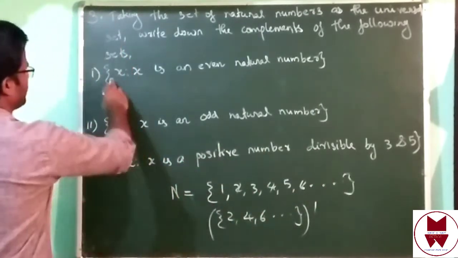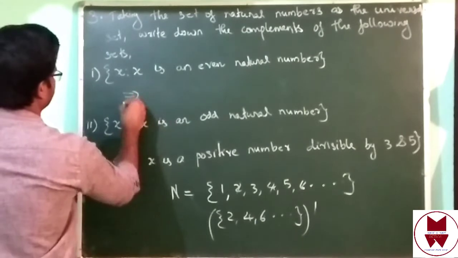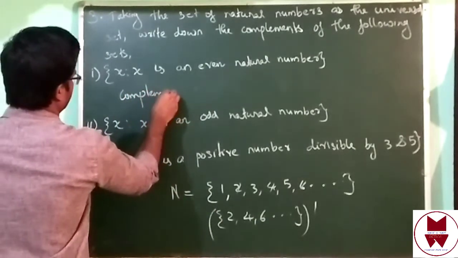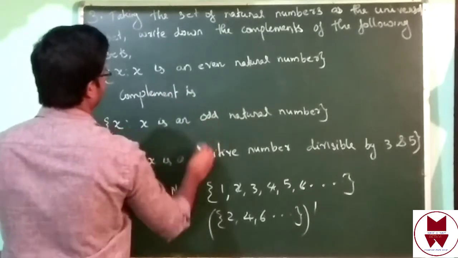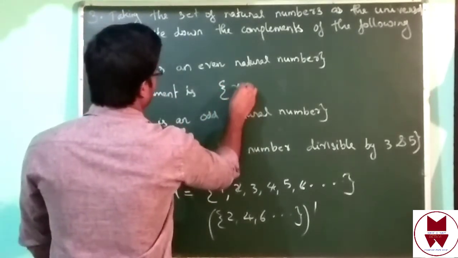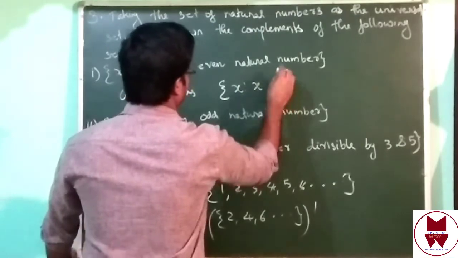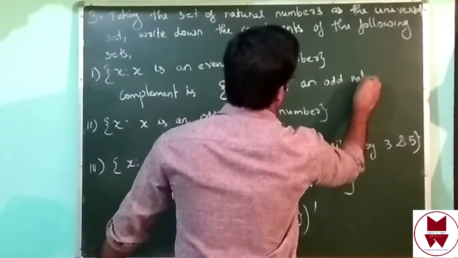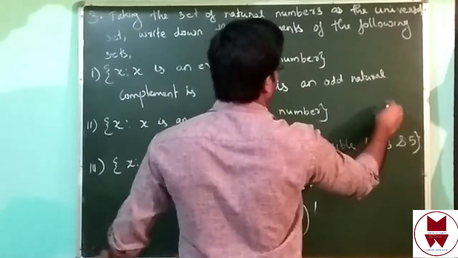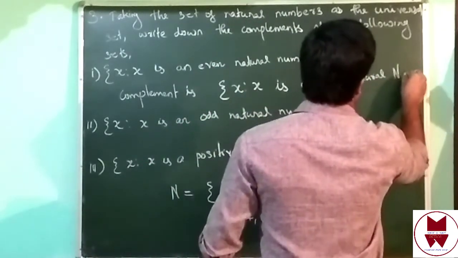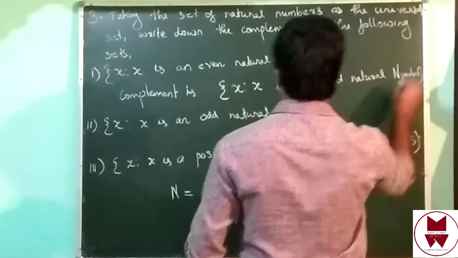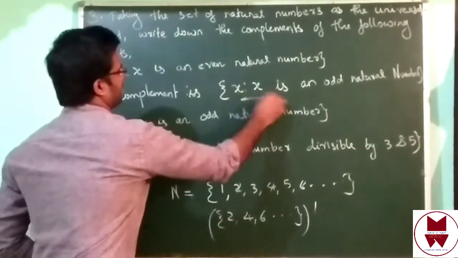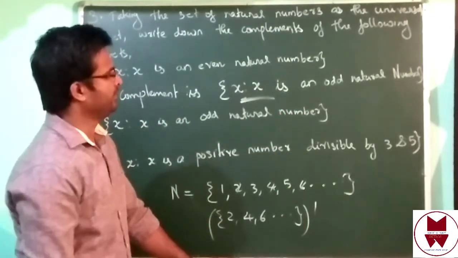That means the complement of the given set is set of x such that x is an odd natural number. This is our answer.